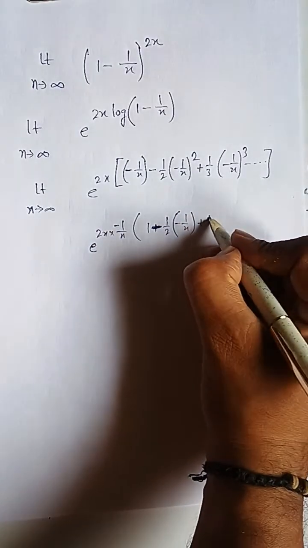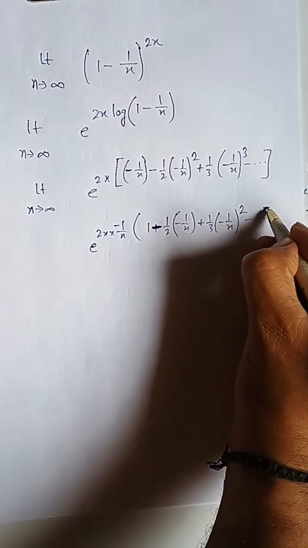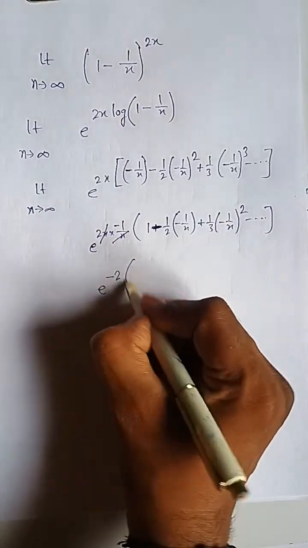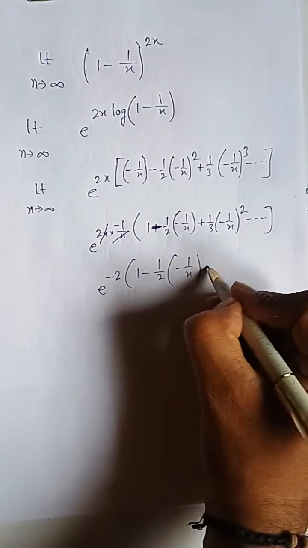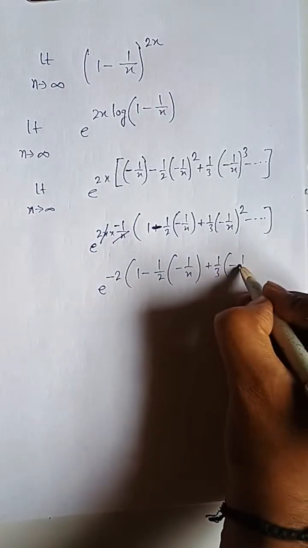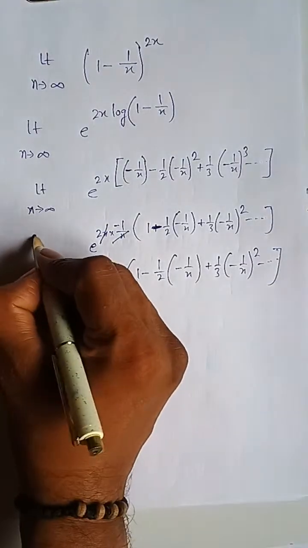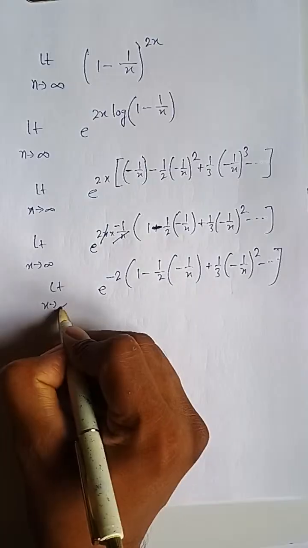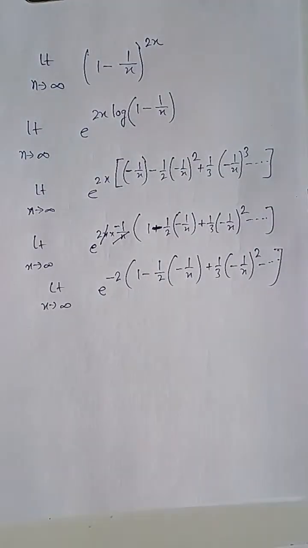So we have here 1 by 3 and minus 1 by x squared negative, dot dot dot. This x cancels, so we have e to the power minus 2 times 1 minus 1 by 2 minus 1 by x plus 1 by 3 minus 1 by x squared minus dot dot dot. Limit is as it is, no change to the limit. Now we are very close to our answer.